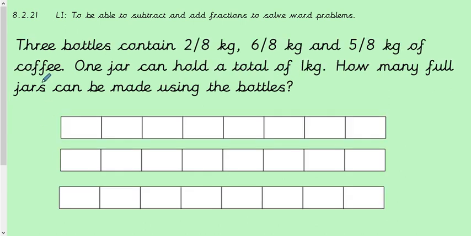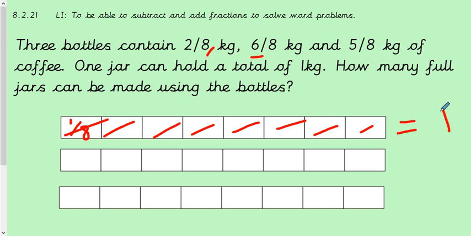So I've got 3 bottles containing 2/8, 6/8 and 5/8, and I've just drawn some shapes that have been split into 8s because that's our denominator. And I'm just going to count them up, add them together, and then work out how many wholes we've got. So there's 2 8ths here, so that would be 1, 2, and then we've got 6 8ths, 1, 2, 3, 4, 5, 6.